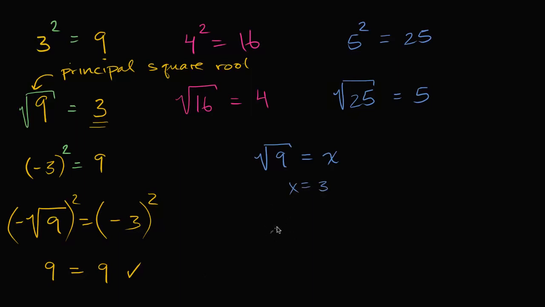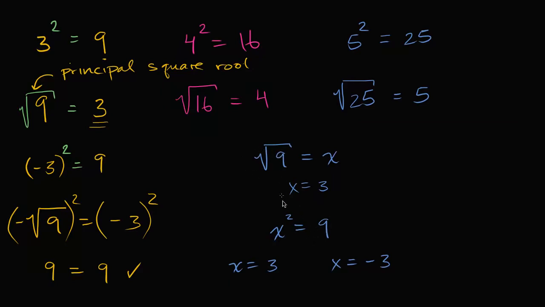Now, if I were to write x squared is equal to 9, this is slightly different. x equals 3 definitely satisfies this, but the other x that satisfies this is x could also be equal to negative 3, because negative 3 squared is also equal to 9.